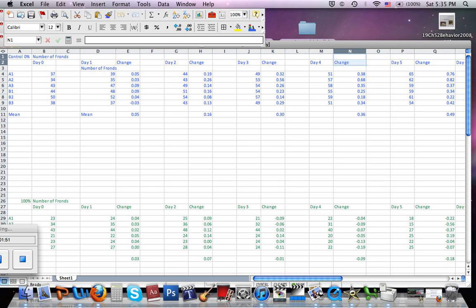So we have 39 fronds that we counted on day one. What we're going to do is compare that to the 37 fronds we started with. So that 35 will be compared to 34, 47 to 43, 48 to 44, 52 to 50, and 37 to 38, so that we can get a percent change and level out the playing field since we didn't start off with the exact same number of fronds per cup.